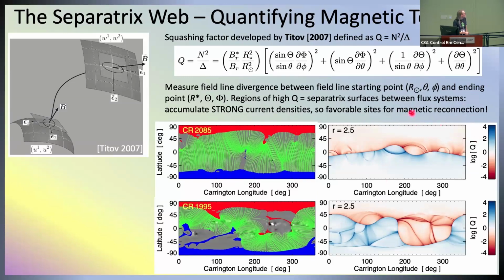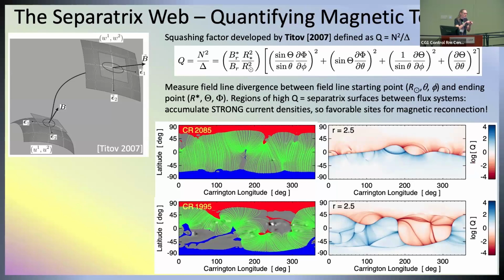So what is this? This is what they call a Q map, which is basically just the logarithm of this squashing factor. And there's two signs, so there's two colors. You've colored it basically on the polarity of BR. And where it changes color, you have the most divergent kind of situation with your magnetic field. And the most divergent situation with your magnetic field you can have is basically the helmet streamer.